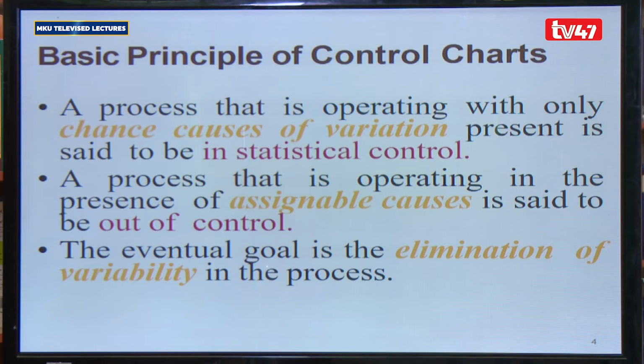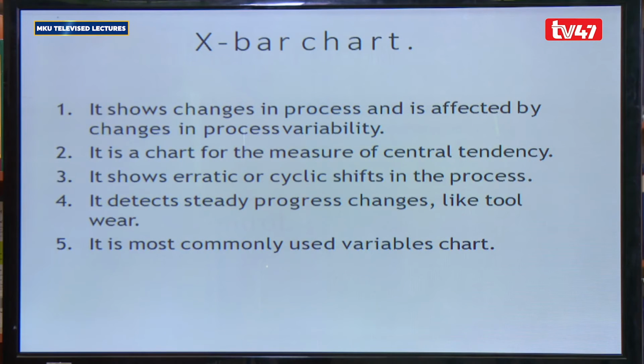So we have described some, I think 7 or so, types of charts depending on the quality control that we are undertaking. And I want to give you an overview of what we mean by those different charts. So we have an X-bar chart. It shows the changes in process and is affected by changes in process variability.